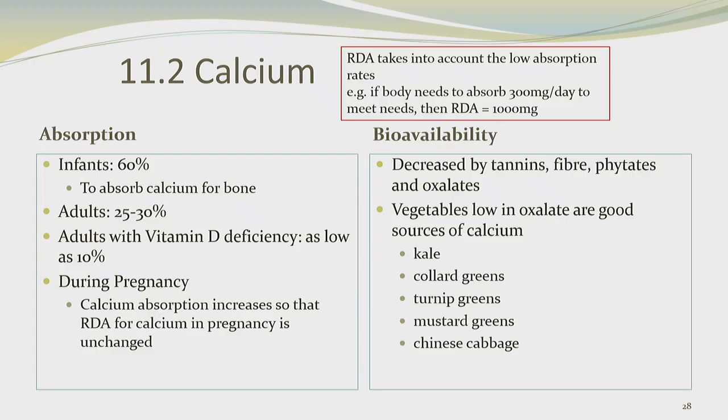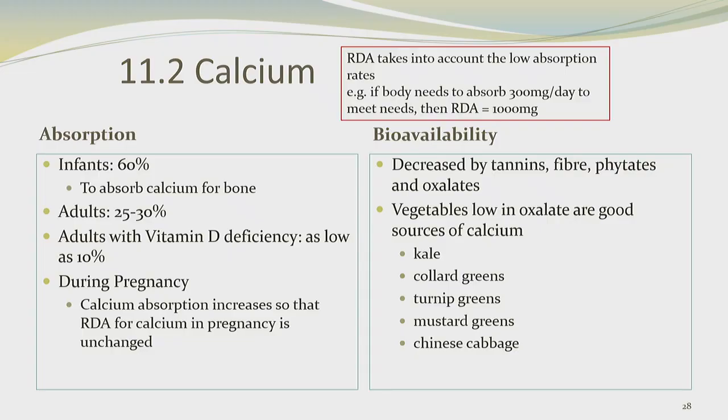So the absorption of calcium actually varies through the life cycle, and newborn infants absorb calcium from breast milk and use it to build bone. And when we look at the absorption levels from breast milk or from infant formula, it is very high at about 60%.